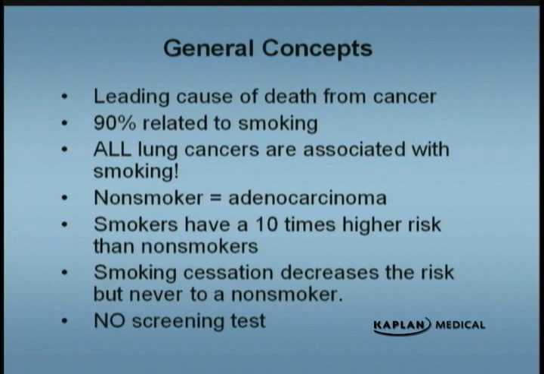It's just that in the small 10% of patients that are non-smokers, there's something else that triggers the lung cancer in these patients, and most of these cancers are adenocarcinoma. That's a different story, but all 4 types of lung cancer, all of them, are associated with smoking. When a non-smoker gets cancer, yes, it's an adenocarcinoma.